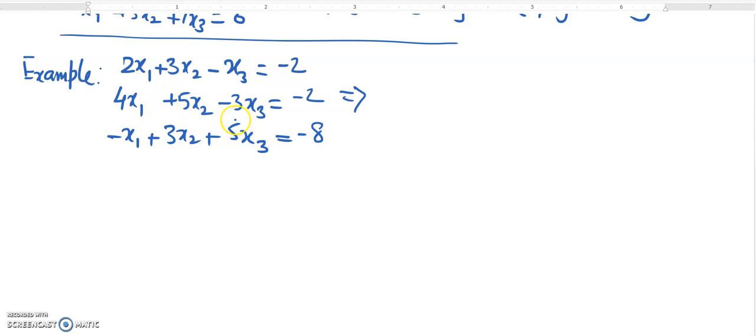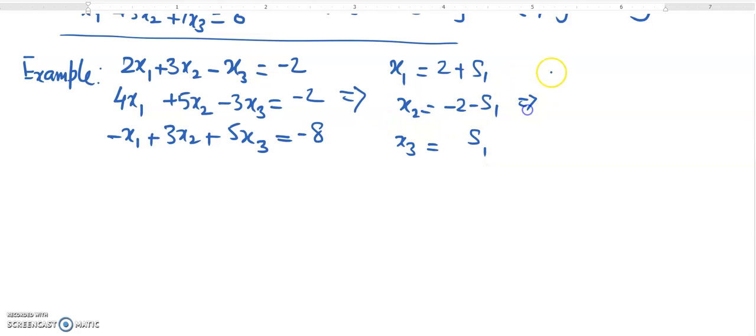I think it was the last one in that video, and we found the solution for this was x1 was 2 plus s1, x2 was minus 2 minus s1, and x3 was s1. So if we want to represent this solution in the vector format, it is easy.